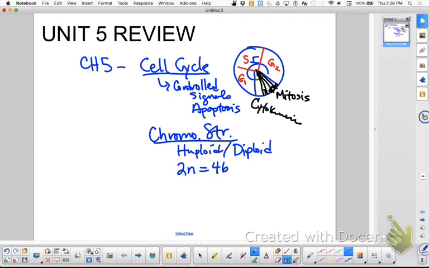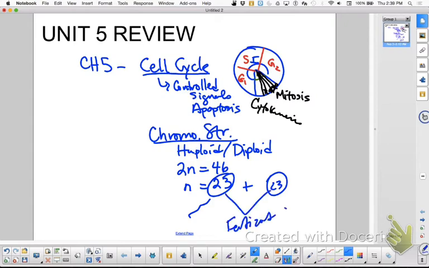But when making sperm or egg, I only want 23. Because I want to take 23 from a sperm plus 23 in an egg, join those together in fertilization, and make a diploid zygote. Cleavage, cleavage, cleavage, right?